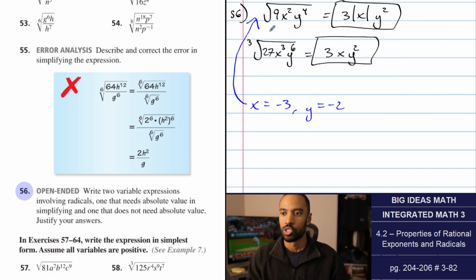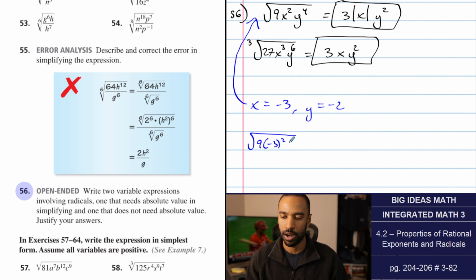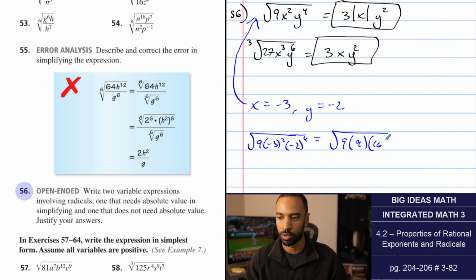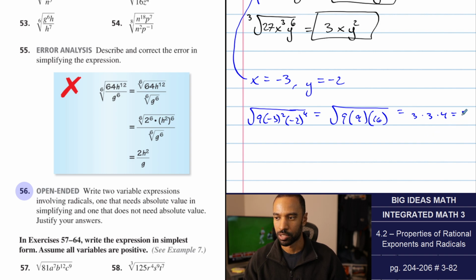So when x equals -3 and y equals -2, let's take the square root of 9 times -3 squared times -2 to the 4th. This would become the square root of 9 times 9 times 16, since -3 squared is 9 and -2 to the 4th is 16. To help you out here, we can separate these. This would just become 3 times 3 times 4, which is 36.